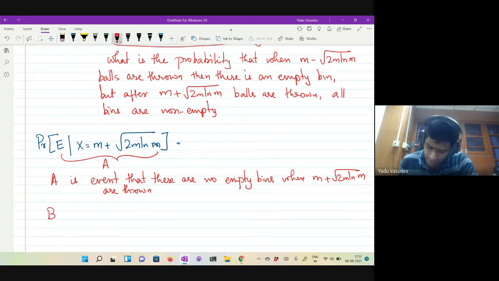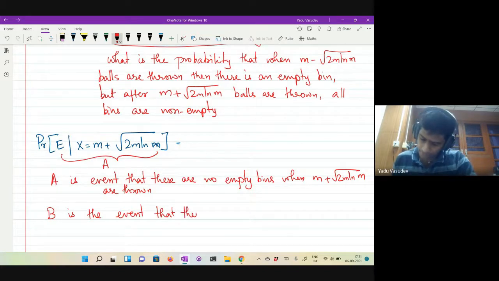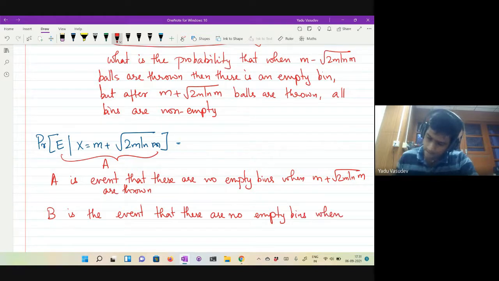And B is the event that there are no empty bins when m minus square root 2m ln m balls are thrown.